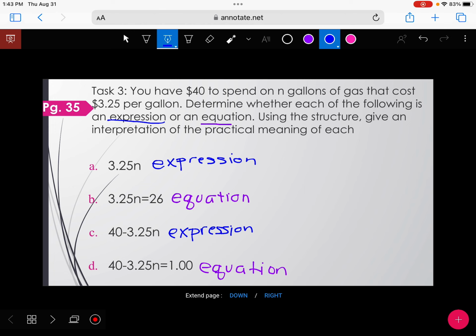Okay. So then we're going to look in here and try to figure out specifically what these pieces mean here. So what does 3.25n mean in the story of this problem?